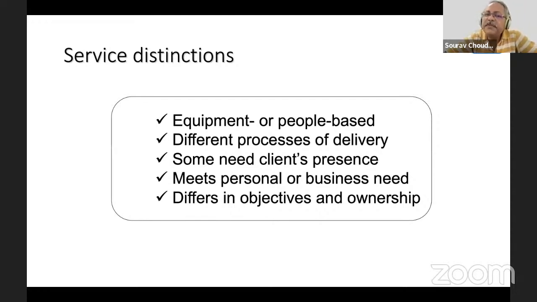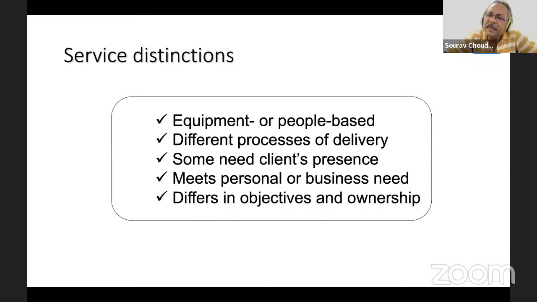A lawyer has to be physically there for you. A pest control guy or a car mechanic has to be physically there to deliver them. But the electricity service, the water service given by your municipality, they don't need to be physically there, right? Some needs client's presence. So a doctor needs a client's presence there at the point of service.